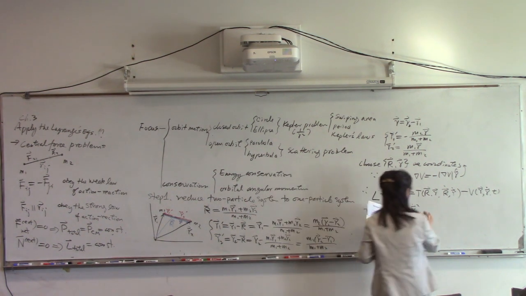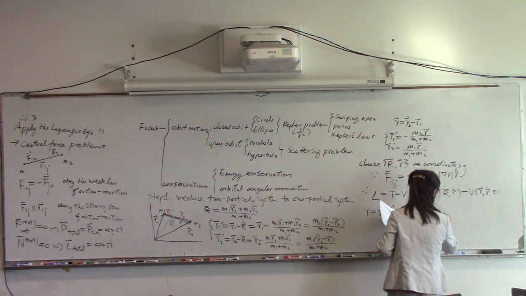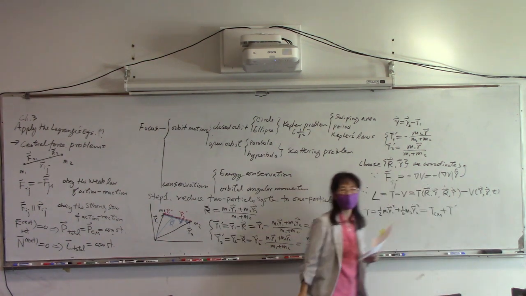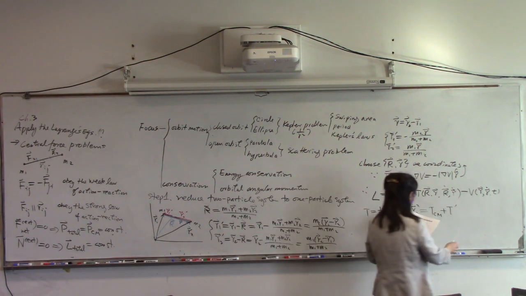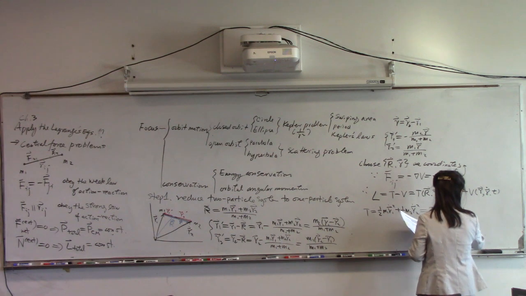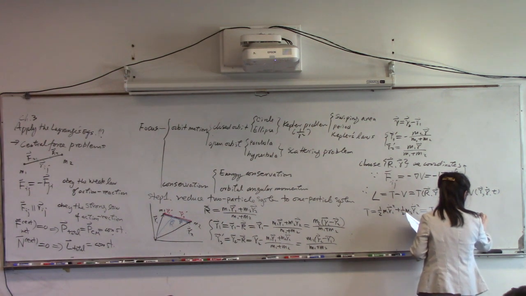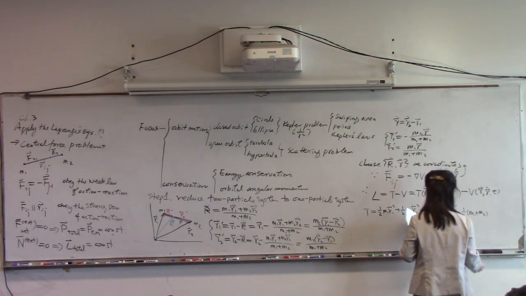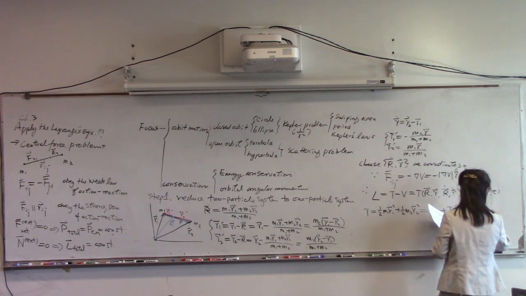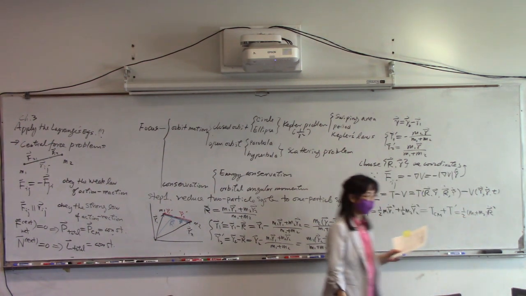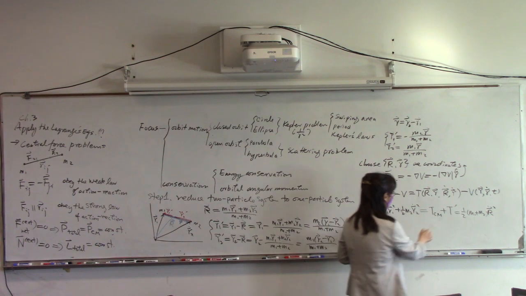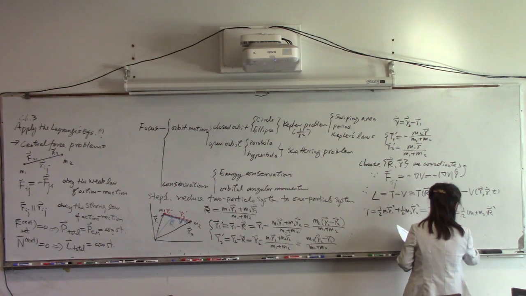In this case, it is easier to use center of mass plus relative. The center of mass kinetic energy is half of M1 plus M2, the total mass, times capital R dot squared, right? And the relative part has two terms.